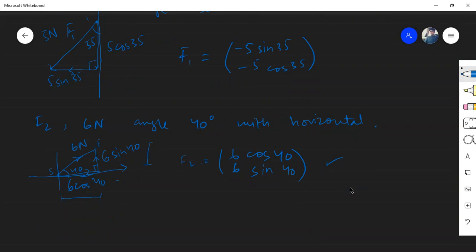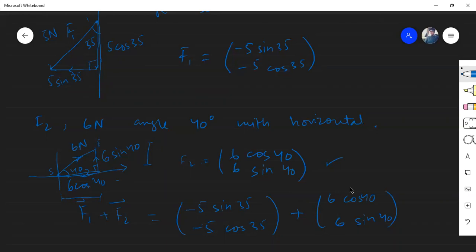So the resultant force is F1 plus F2, which is basically minus 5 sin 35 and minus 5 cos 35 plus 6 cos 40 and 6 sin 40.